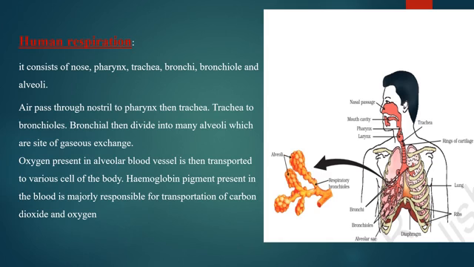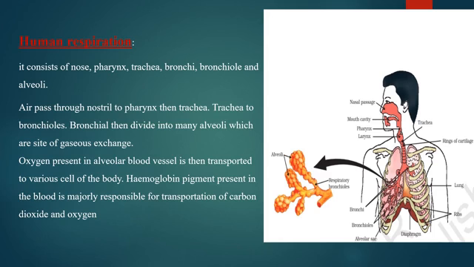Now we will see how the exchange of gas occurs in the human respiratory system. Firstly, air passes through the nostril to the pharynx, then trachea to bronchi, which then divide into bronchioles and many alveoli, which are the main gaseous exchange site. So we can say the main gas exchange occurs in the alveoli.